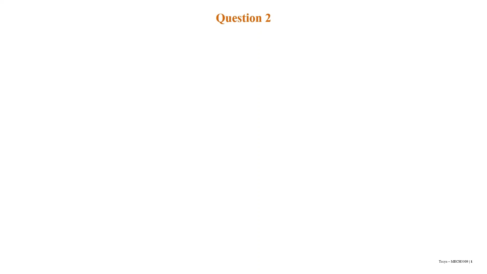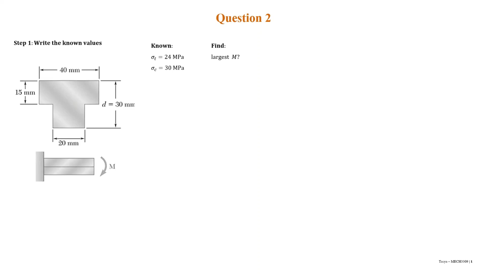So how we're gonna answer number 2 is first by writing all the known values. The figure here has the dimension that we need, and also from the question we know that the allowable stress for tension is 24 MPa, while for compression it is 30 MPa.